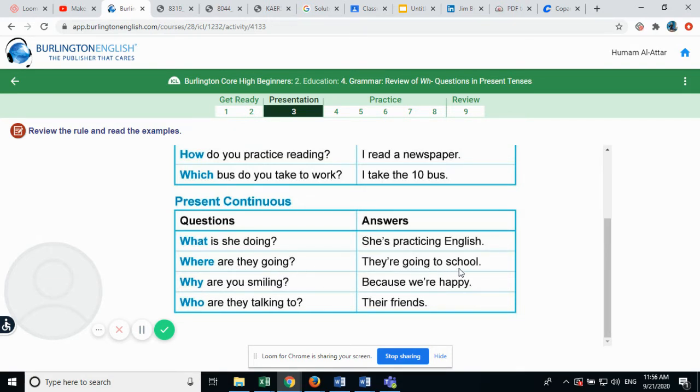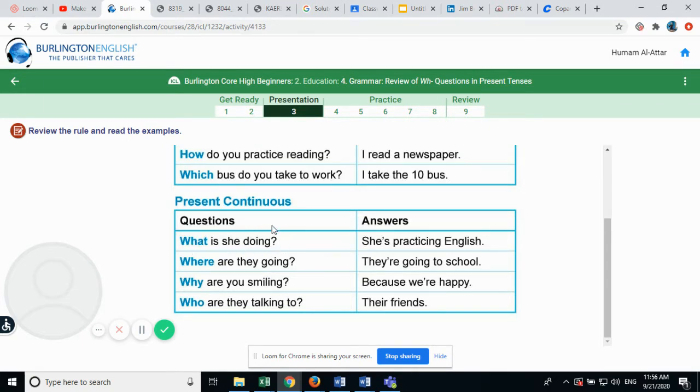They're going to school. Why are you smiling? Because we are happy. Who are they talking to? Their friends.